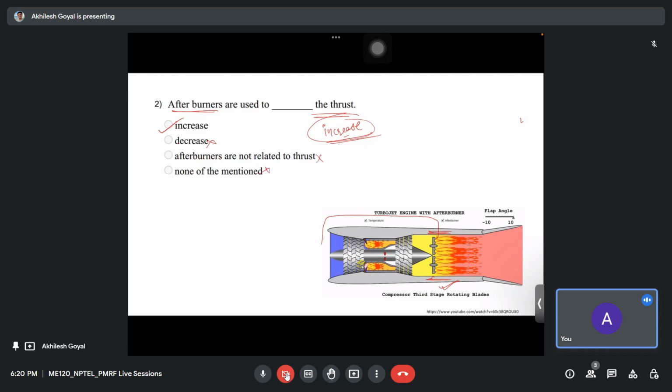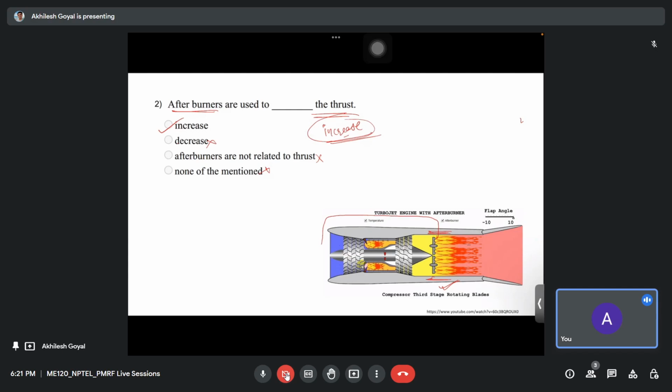Okay. So option 1 is the correct option here, because afterburners are used to increase the thrust, and you know the underlying science behind it, that in the case of afterburners, an extra amount of fuel is injected into the combustion products, that results in more heat generation, more burning of fuel, and more thrust generation through the nozzle.